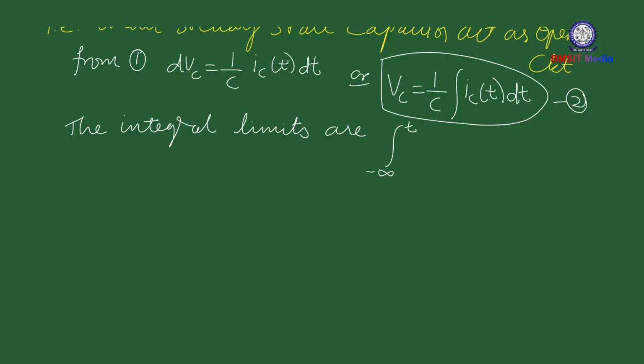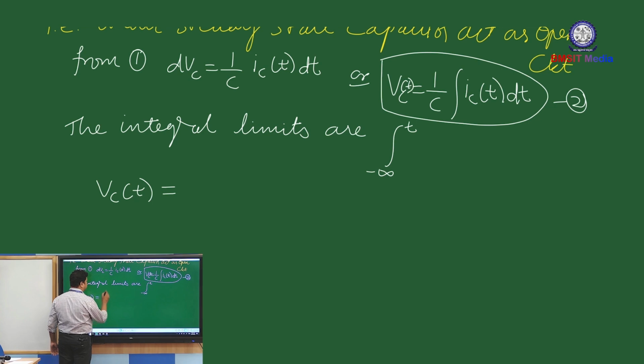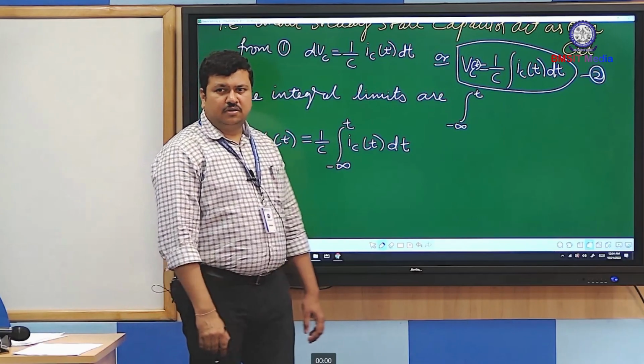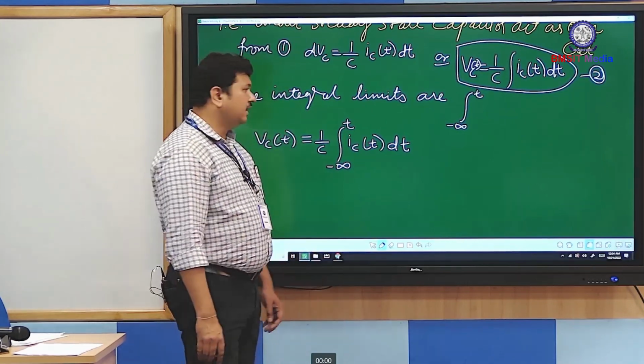So therefore I can write Vc of t, because it is IC of t. So Vc of t is equal to 1 over C integration from minus infinity to t of IC of t dt.